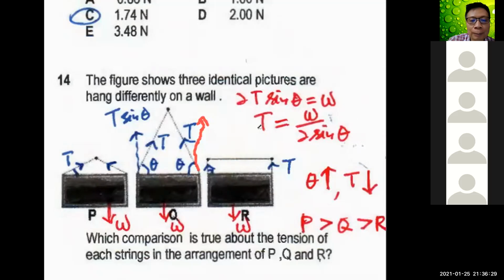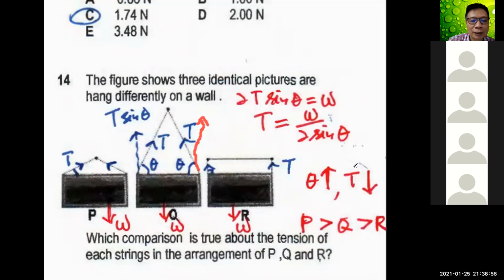Say it again: when the angle theta is big, W is divided by a bigger number, so your answer, the tension, becomes smaller. So among the 3 diagrams, this theta is the smallest. This theta is medium. This theta, 90, is the biggest. So when theta is the biggest, the tension becomes the smallest.